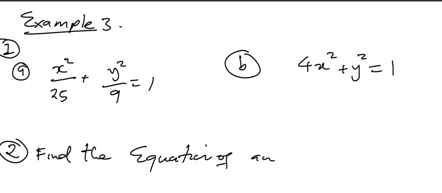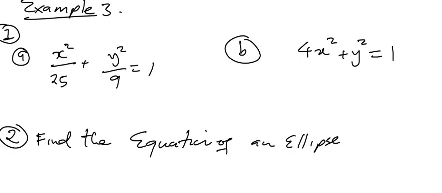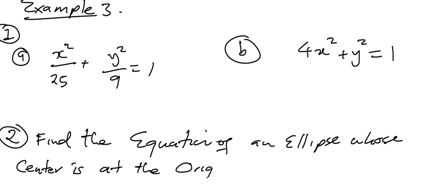Find the equation of an ellipse whose center is at the origin with a vertical focal axis, if the semi-major axis is 5 and the distance between the foci is 1 unit.